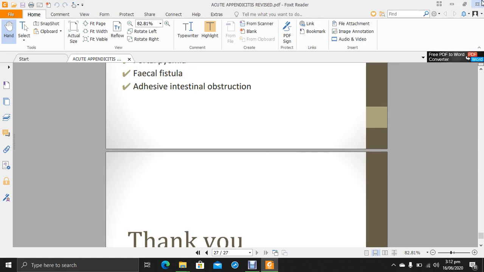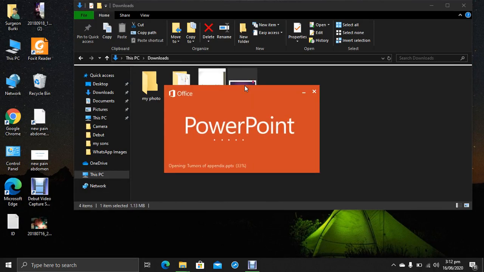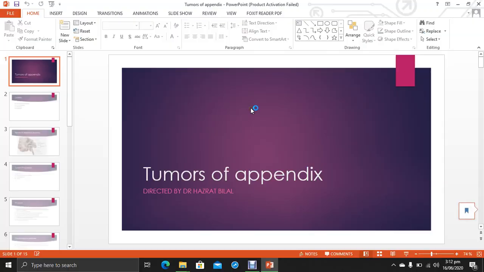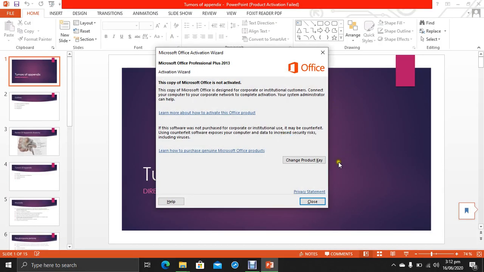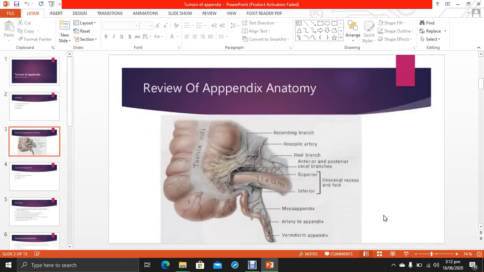This was all about acute appendicitis, but we are supposed to discuss the tumors of the appendix.